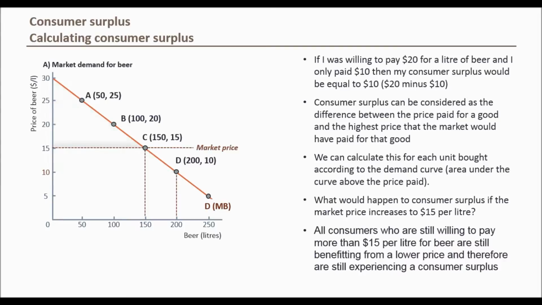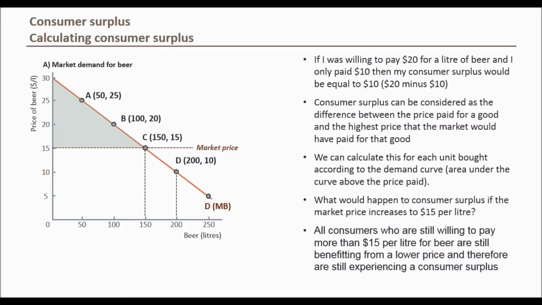This new market consumer surplus is represented by the green triangle. For the new higher price level of $15 per liter, the height of the triangle is $30 minus $15, which is $15. The base is now 150 liters.